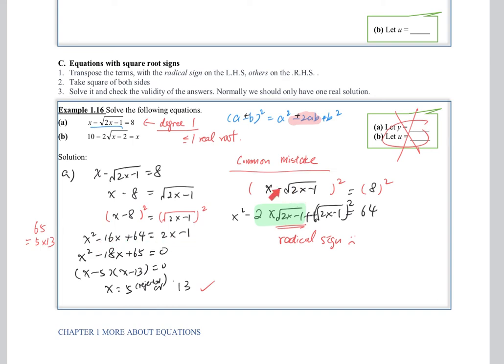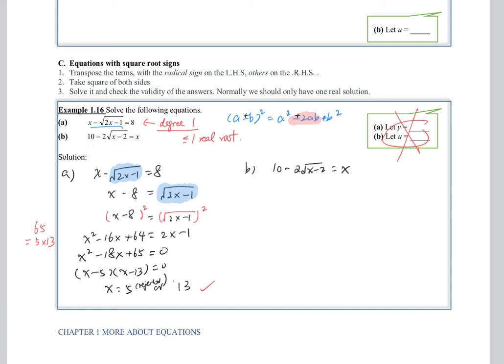But here, the square root sign is still here. So why? The reason is, in this method, we haven't put the square root on its own. The correct way is to put the only square root sign on one side, left or right, of the equation. So if you understand this method, then it will not be difficult to do part B.